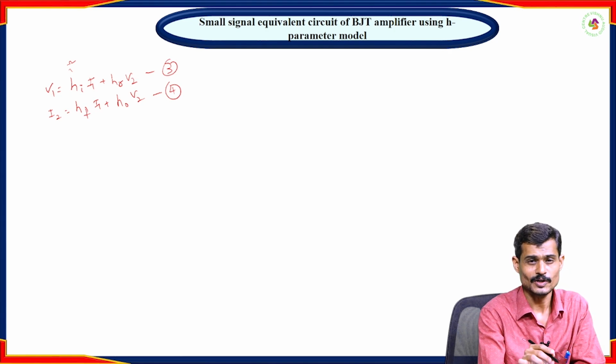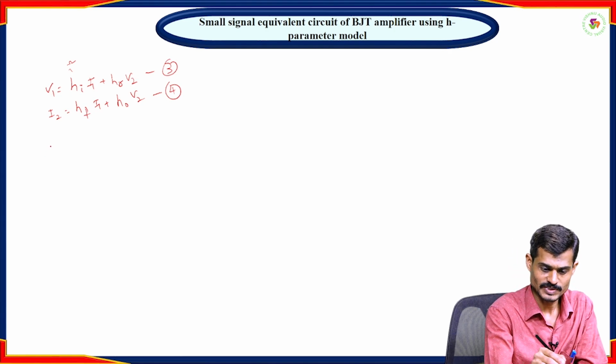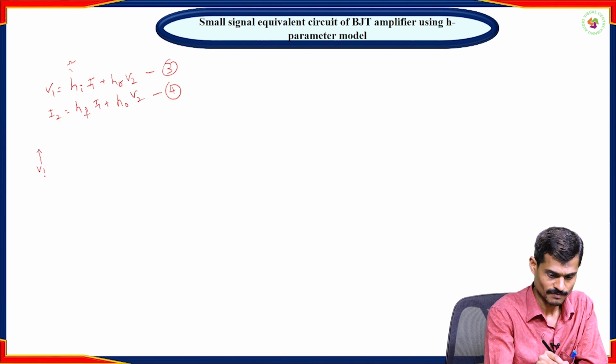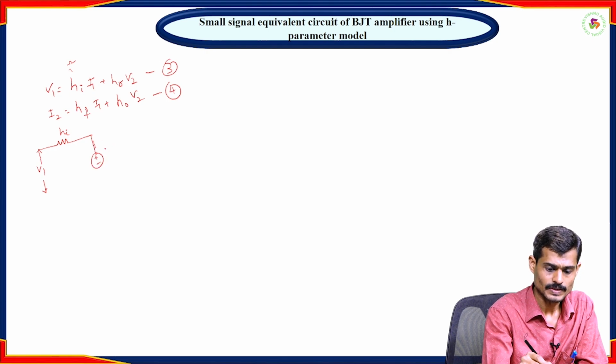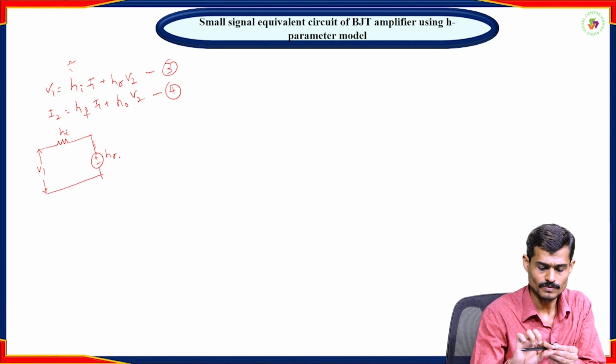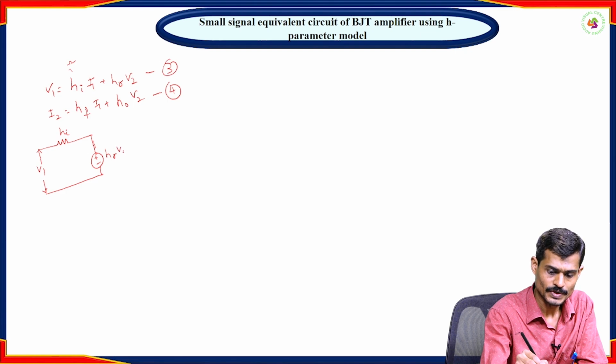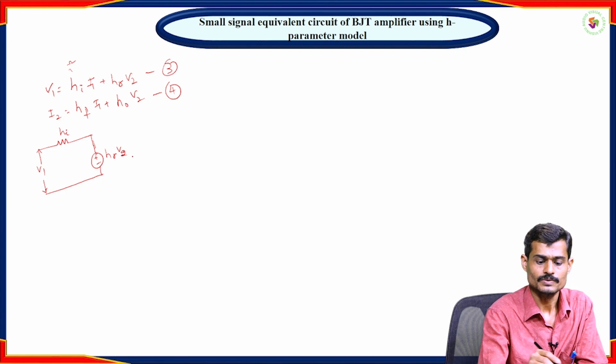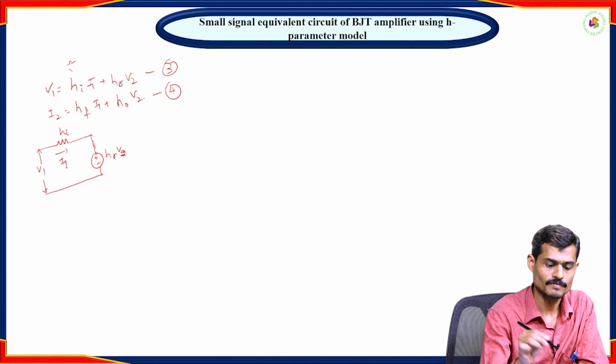So in a circuit model, I can represent V1 equals HI into I1 plus HR into V2 as a source: V1 is represented by HI into I1 and a voltage source HR into V2, with current I1 flowing through.